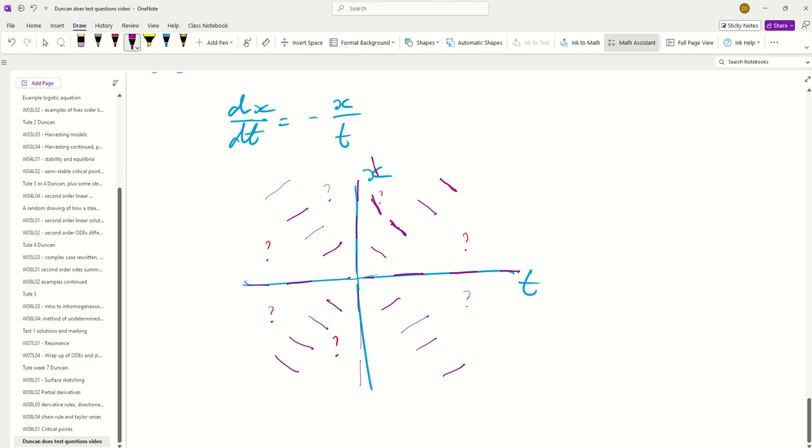Right? Because I'm getting closer to this equality line, it's got to be a bit steeper, but not as steep as these. As I move further away, I can draw a steeper line. Right, so we're going to be drawing things like this. In here, I've got the mirror image.